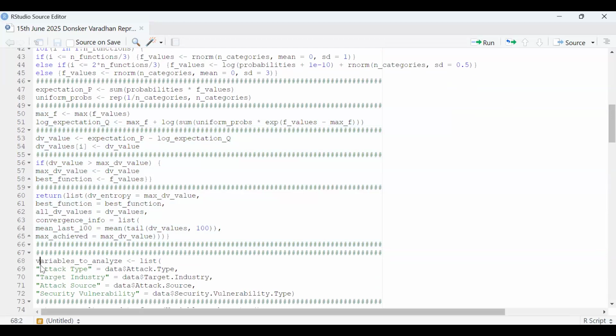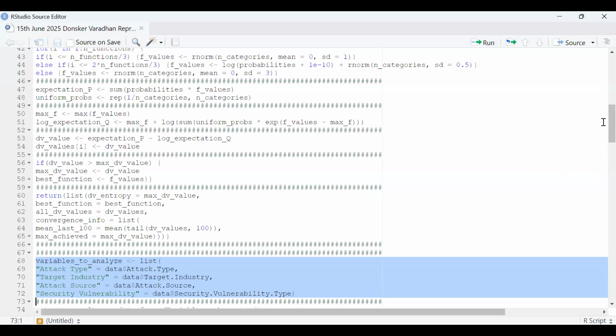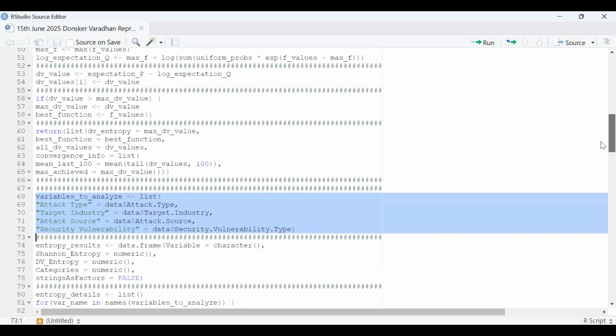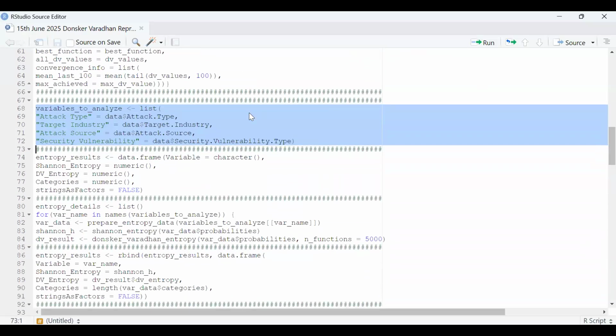So here I select and name the variables that I want to analyze. The variables I want to analyze are the attack type, the target industry, the attack source, and the security vulnerability. So that's what I do there.